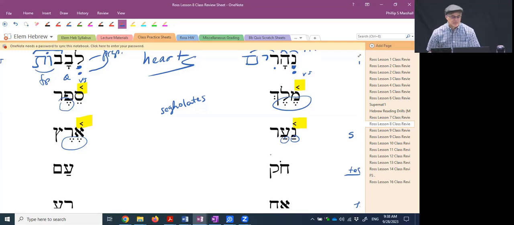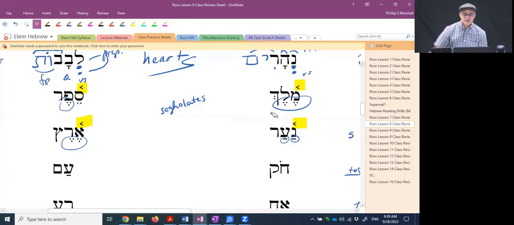So we're going to lose the accent marks. This is a situation where it's just going to be better at this point to rewrite the word, because you've got accents changing and vowels changing all over the place on these segolate nouns when we make them plural. So what happens to the vowel pattern on segolate nouns when we add a plural ending?